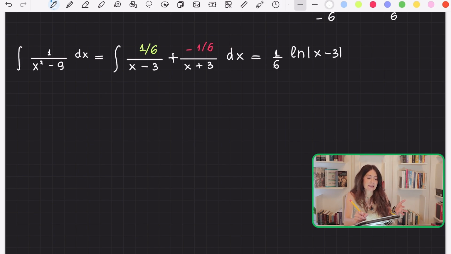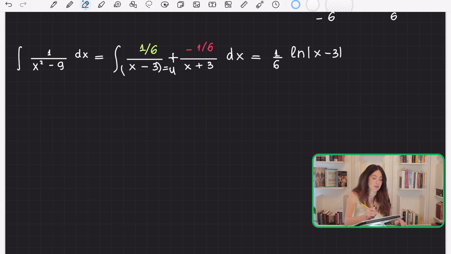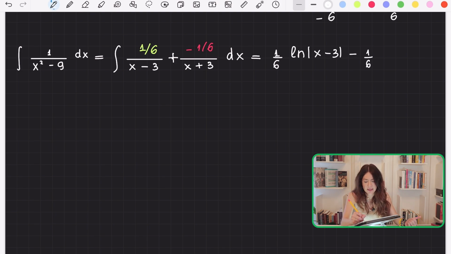Because if you assign that to be u, then du is derivative of x minus derivative of 3, and that is just 1 du. When dx equals du, you can just neglect u substitution and treat this whole thing as 1 unit as if it was x. So ln, and minus 1 over 6 comes out, and ln x plus 3. And that's your final answer.